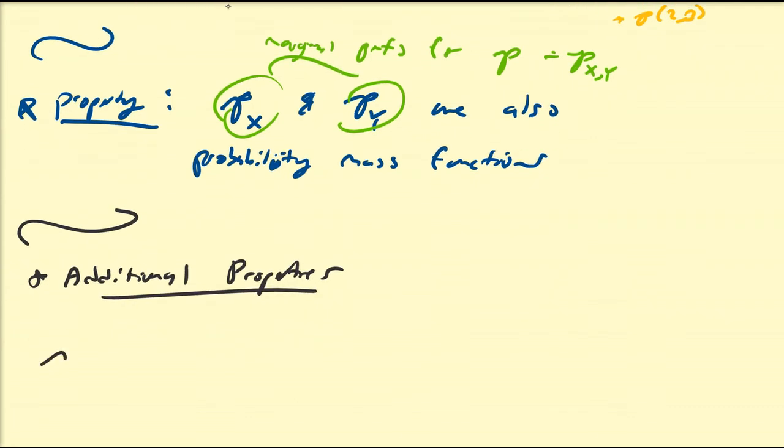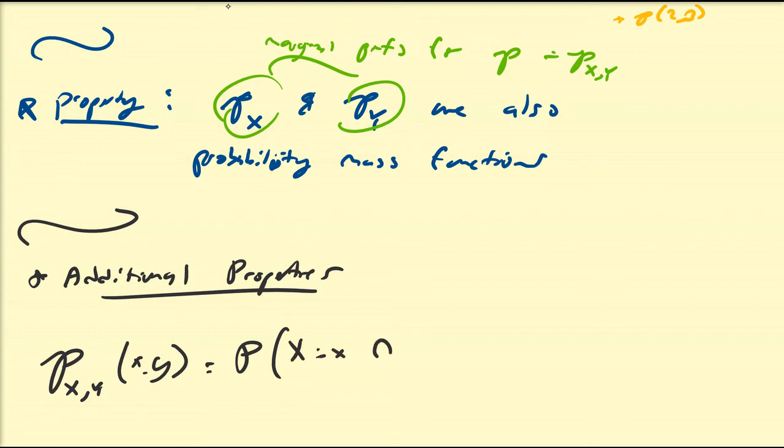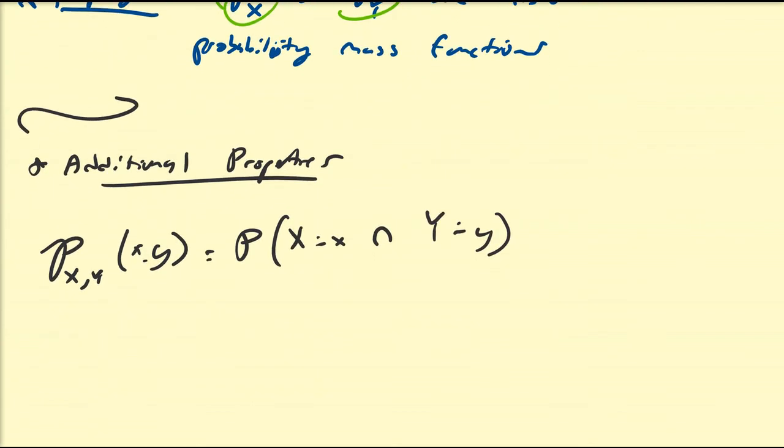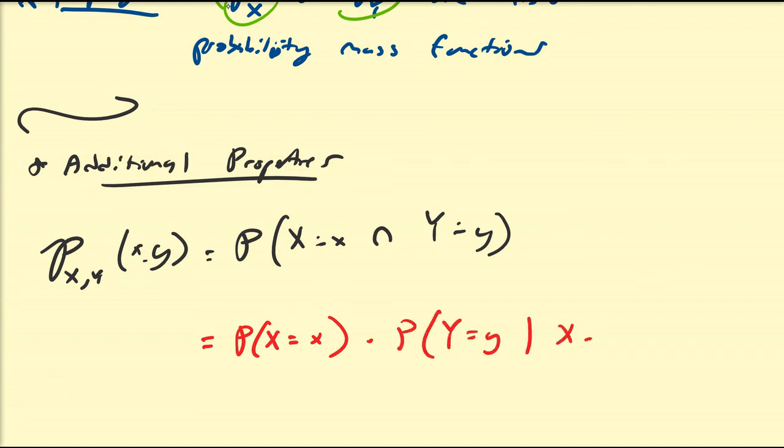So the joint probability mass function p_XY(x, y) is the same as the simple probability that X is equal to x intersection the value that Y is equal to y. If we remember our simple probability rules, this is the same as the probability that X is equal to x times the probability that Y is equal to y, given that X is equal to x.